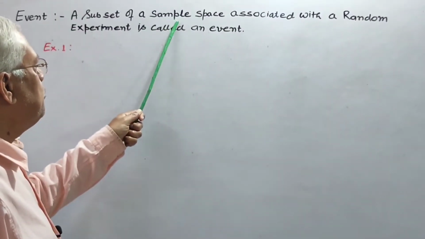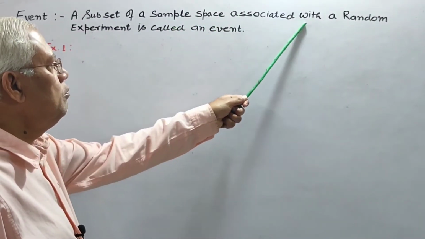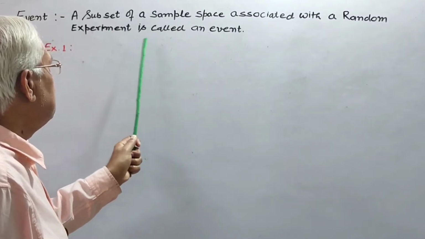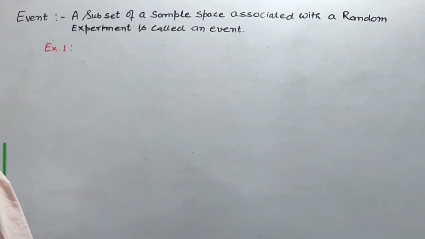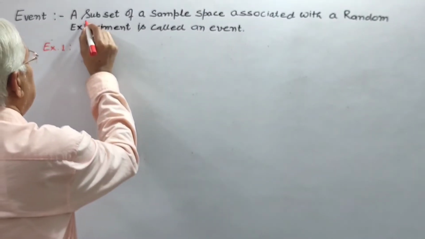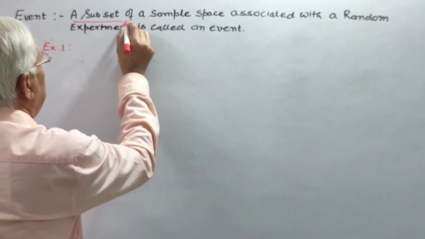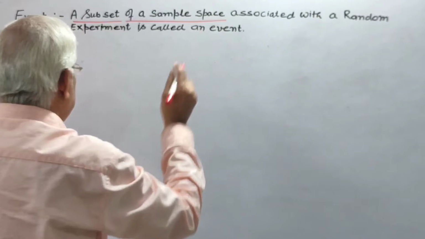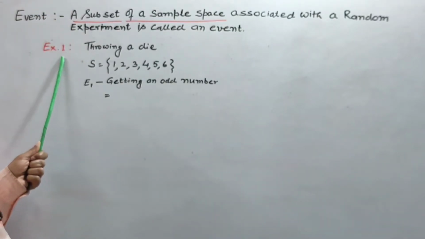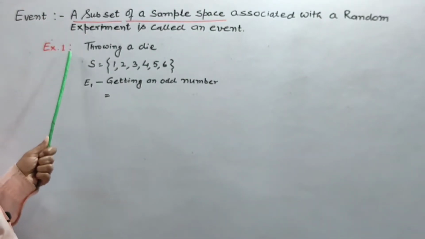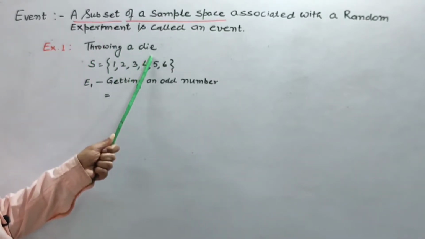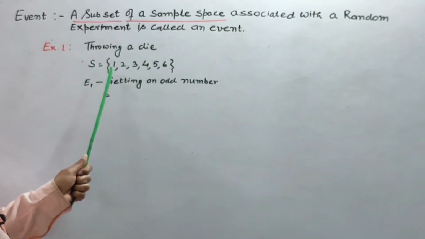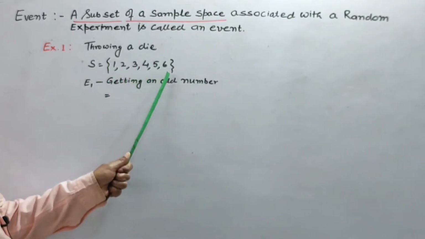Next definition is event. A subset of a sample space associated with a random experiment is called an event. Clearly, event is a subset of a sample space. Example 1, let us consider a random experiment throwing a die. What will be the sample space? 1, 2, 3, 4, 5, 6.